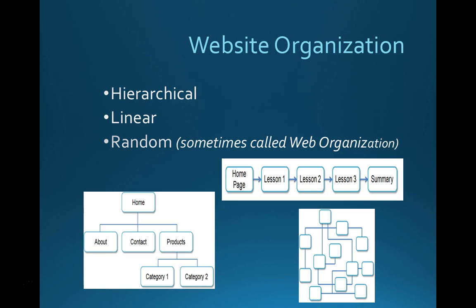All right, website organization. There are three basic organization types: hierarchical, linear, and random. Those are the three, and then there are some subcategories below some of these. Our hierarchical is the one here on the left-hand side, where hierarchy is essentially that term where we have a most important page, which is the home page, and then below the home page, we have subcategories, and below them, we may have more categories.